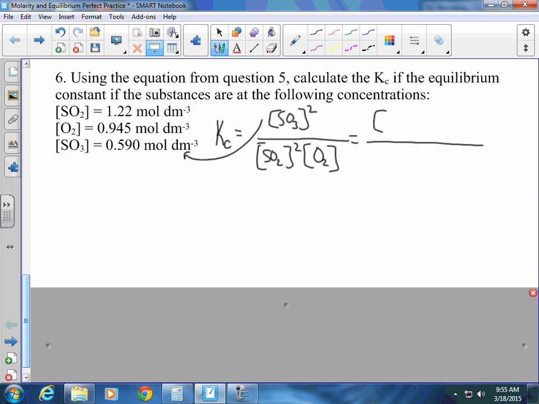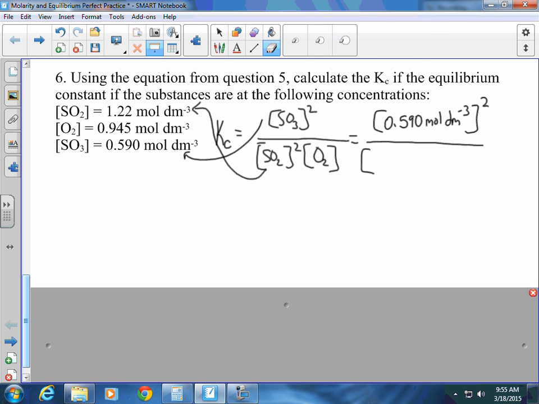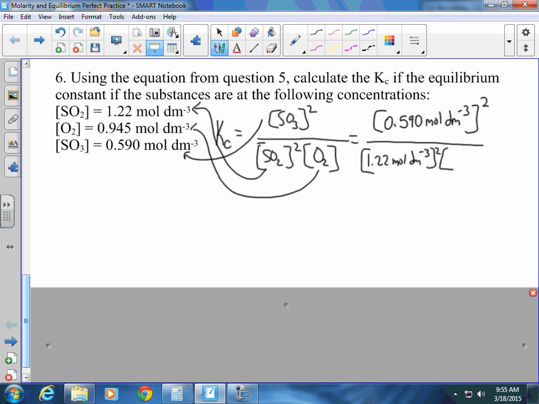So I have 0.590 moles per decimeter cubed, squared, divided by SO2, that top number there, 1.22 moles per decimeter cubed, squared, times the concentration of the oxygen, which is 0.945. Yep, forgot my units.